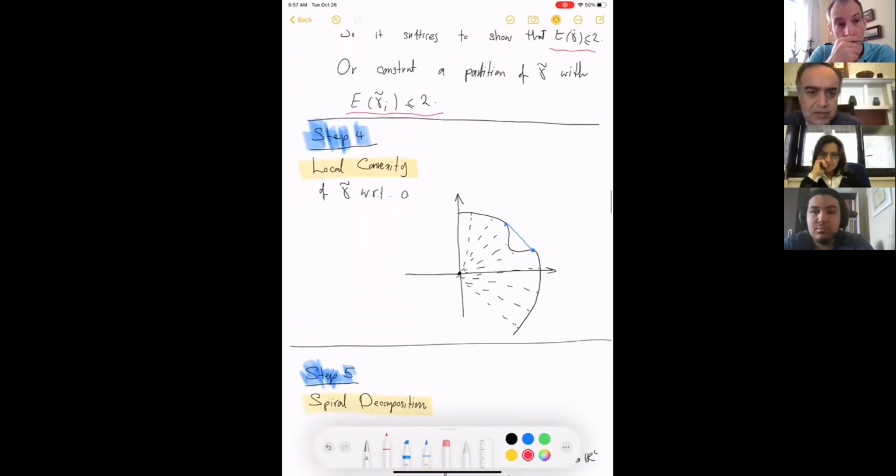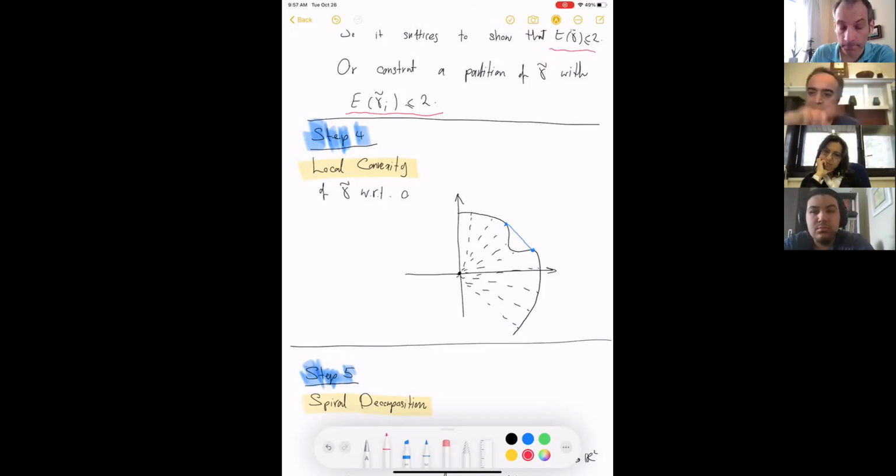Now, another geometric observation that comes in really handy is that if my curve is length minimizing, then when I unfold it, the unfolding is going to be locally convex with respect to the origin. So the unfolding is not going to be a convex curve because it just spirals around the origin. You don't know how many times it goes.